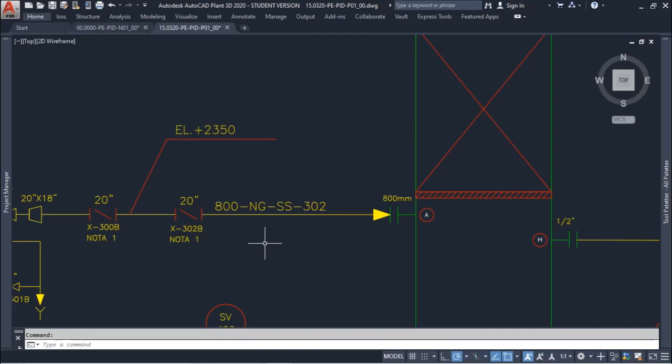And here I know that I need to add natural gas to my simulation, or I don't have the composition, but I know with this that I have a flammable gas, and I know also the material of the piping, so that is very important when I am doing the calculation of pressure drop in the hydraulics.